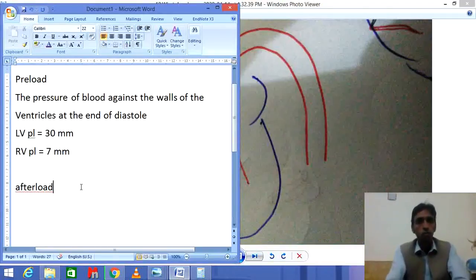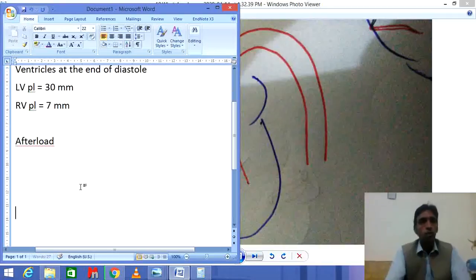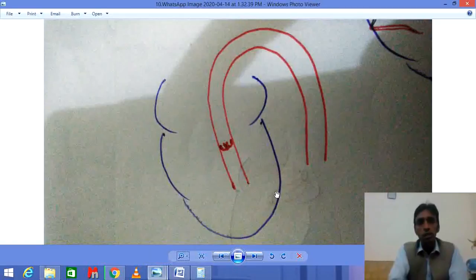Now coming toward afterload, what is afterload? In preload we measure the pressure of blood against the wall of the ventricle. In afterload we measure the pressure of blood against the wall of the aorta. You know that when this ventricle contracts, the blood goes from this ventricle to the aorta by opening of the aortic valve.